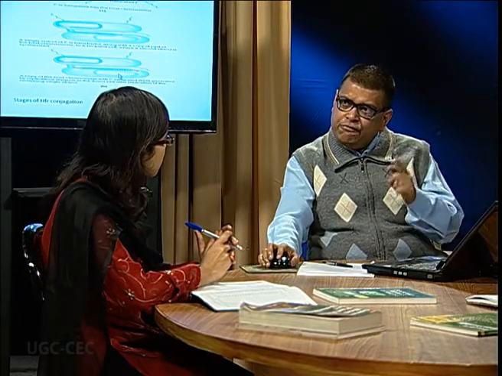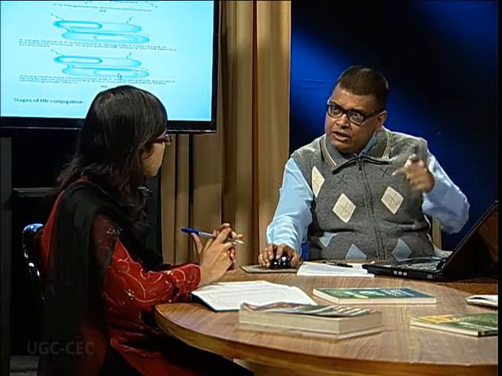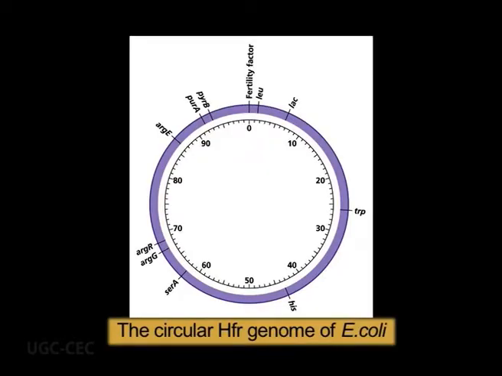So this phenomenon will modify an F minus to F plus, and then F plus getting into the nucleoid will produce the HFR strain. So basically this is a recombinant type of HFR genome where you can see specific amino acid producing region, arginine region, serine region, histidine region, tryptophan region, and there is also the F factor. So this is more or less that particular HFR genome of E. coli. It is also circular in nature.